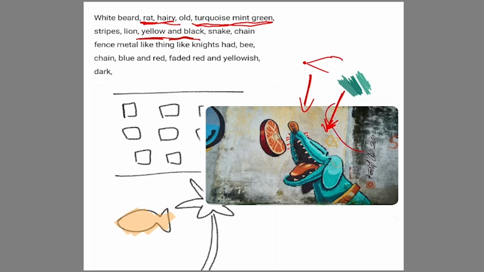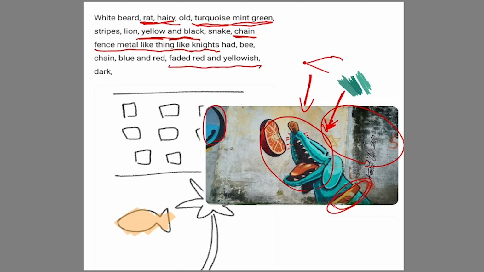Yellow and black, which is literally half the background, and also chain, fence, metal-like thing. We had bee, chain, blue and red, and faded red and yellowish, that's literally faded yellow.